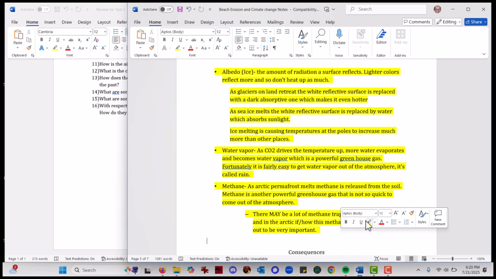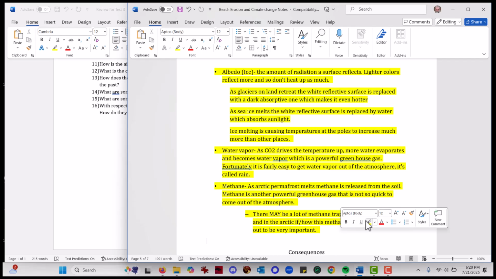Okay, so that's important. Water vapor is important, right? As we warm the planet, we evaporate more water. Water vapor is a very powerful greenhouse gas. And so, as you warm the planet, you evaporate more water, which warms the planet, which evaporates more water. And you can see once more how we're in that loop. Methane is the same way. There's a lot of methane trapped in sediments, and a lot trapped in permafrost.